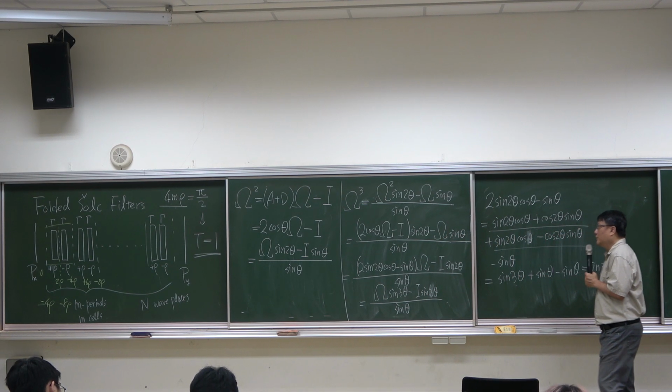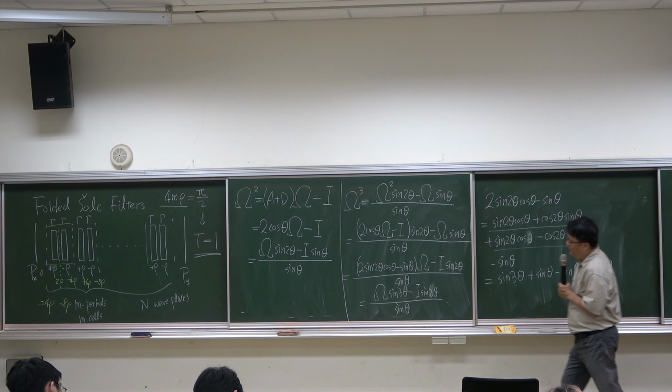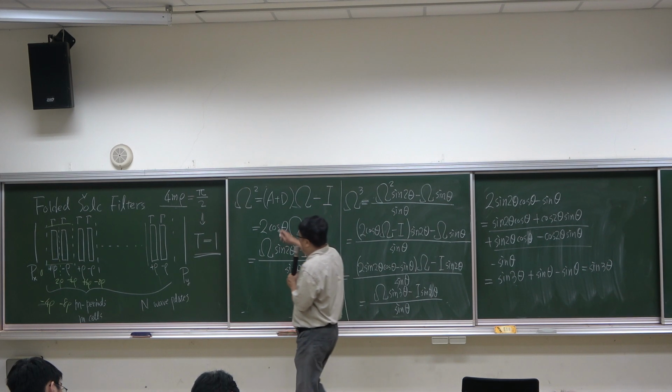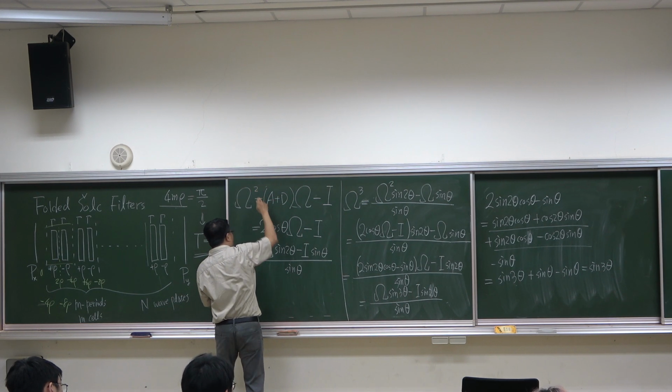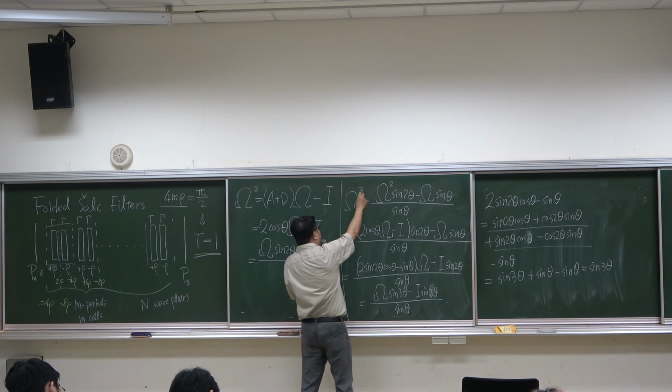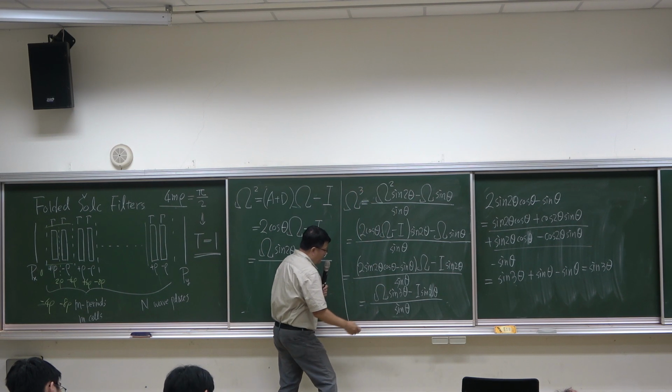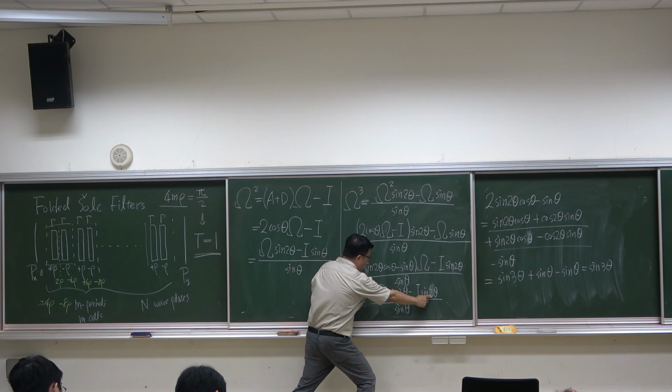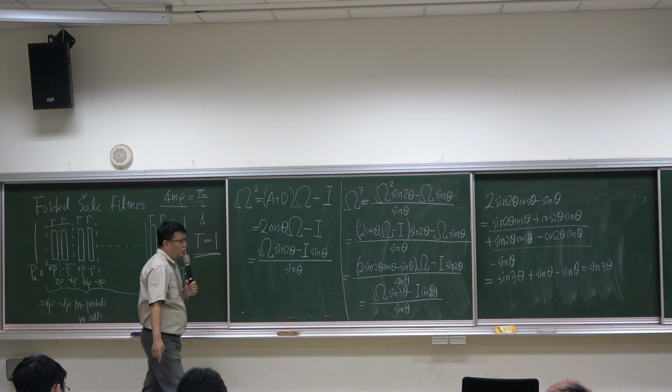Okay. So you see that for omega squared, here we have a 2, here we have 2, this has 1. For omega cubed, here we have 3, and this factor 2.